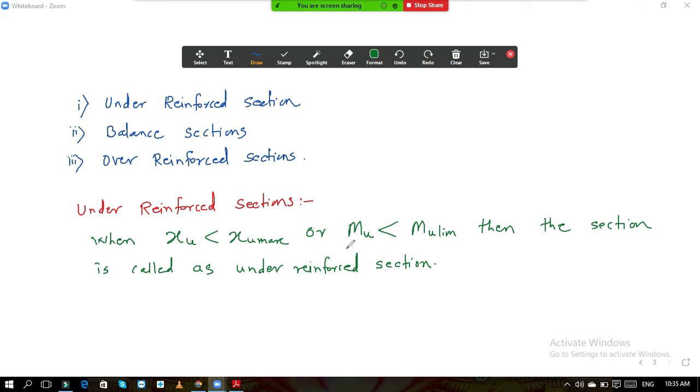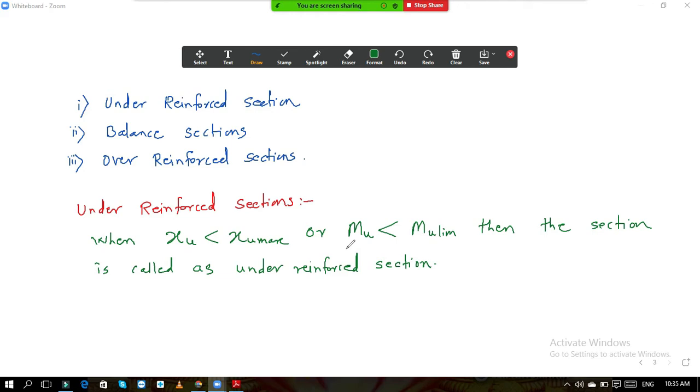Steel is a ductile material, so it gives you a sign before failure, and we will be able to judge that the structure is going to fail. But concrete is not ductile, it is a brittle material. Whenever concrete fails, it is a sudden failure, it crashes.